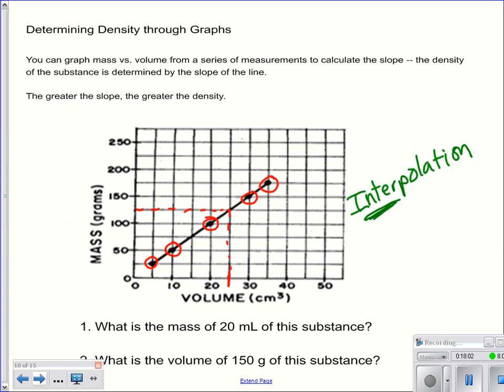Whereas if I was asked, and this is not a very well drawn graph, but I freehanded it like I should not, but let's pretend it looks like that, and I'm asked to figure out what the mass is at 45 cubic centimeters, well, I'd come up here and go over, and I would say that looks like 225 grams. What's that process called?